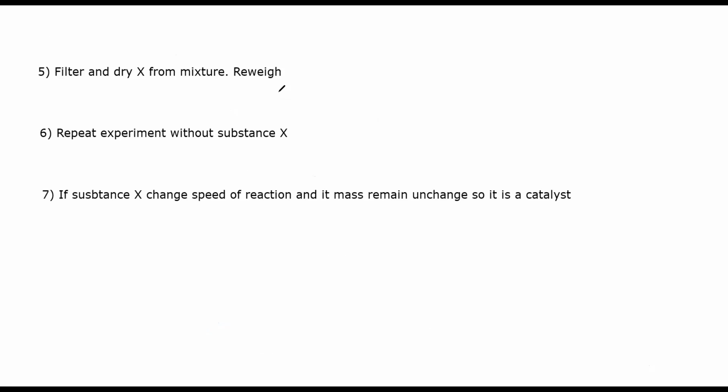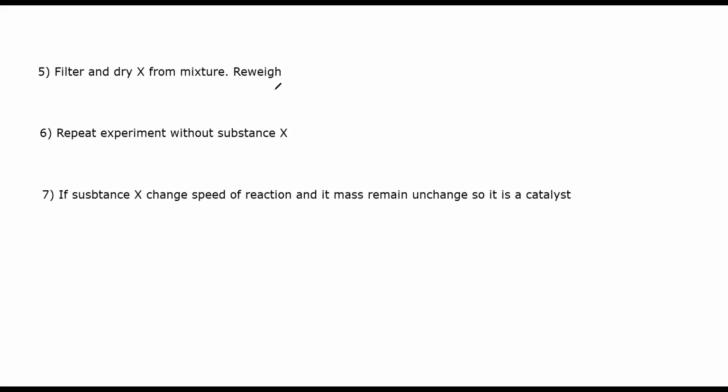Then repeat the experiment without substance X, because we should know whether it is altering the speed of a reaction. So one experiment is with X, another experiment is without X. If the mass of X does not change and it alters the speed of the reaction, it means substance X is a catalyst. Is this experiment clear?